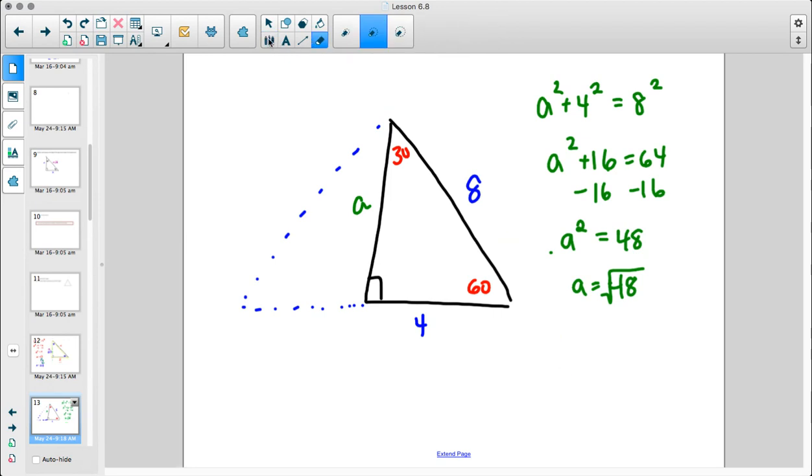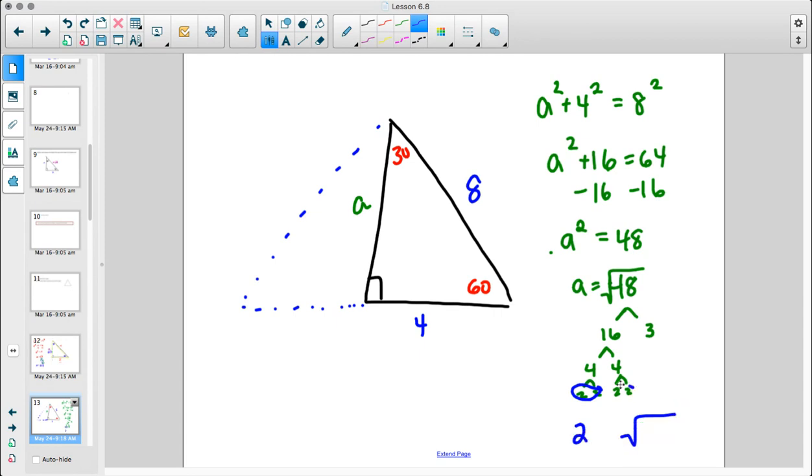We can factor tree it. I know it's going to be 16 times 3, 4 and 4, 2 and 2. Okay, so for each pair, 1 can come outside of the radical, and I've got this left underneath.